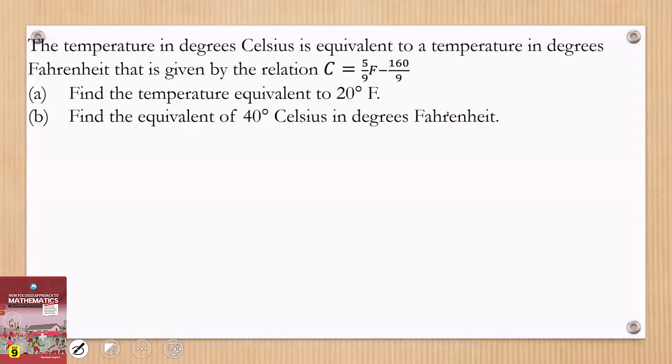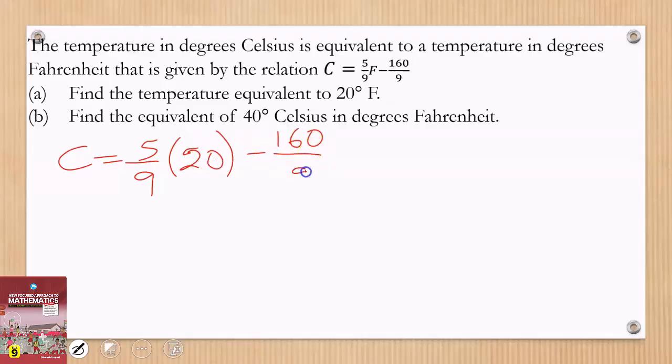The first question says we should find the temperature equivalent to 20 degrees Fahrenheit. So we know our C to be equal to 5 divided by 9 into bracket Fahrenheit, where the Fahrenheit has been given as 20, minus 160 divided by 9. Ours is to do this simple calculation, and that will give us the result.